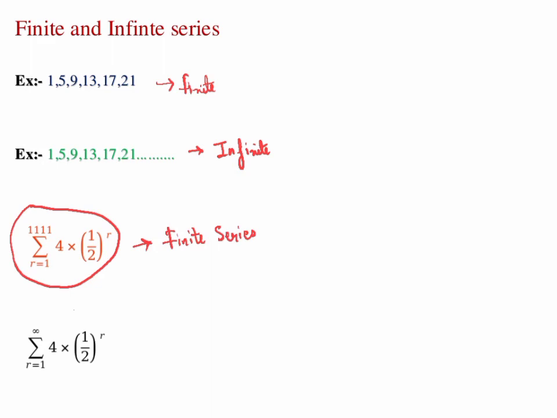Here if you see r equals 1 to infinity, each and every time r is increasing, meaning there is no end to it. So we see this infinite term. So this is what? An infinite series.